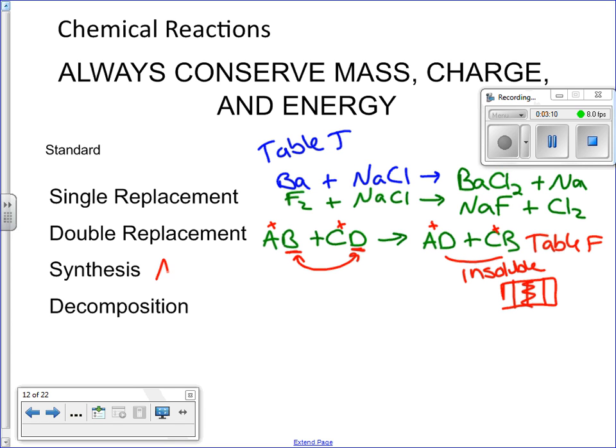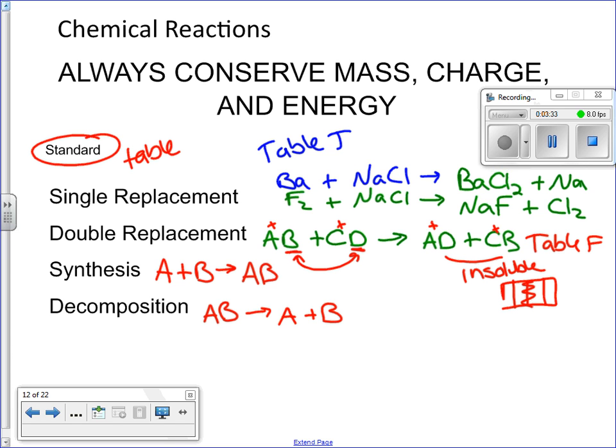Synthesis is putting something together. You only have one product. It's A plus B goes to AB. Decomposition is the opposite. You only have one reactant and it falls apart into its components. Oftentimes, synthesis and decomposition are redox reactions. Not always, but often. These are all kind of standard chemical reactions. Sometimes they're called table talk.